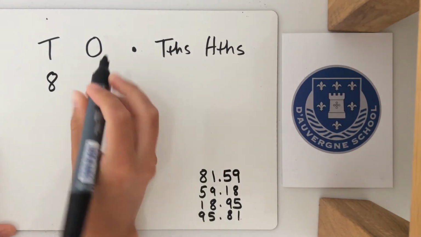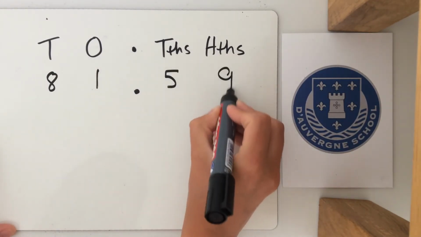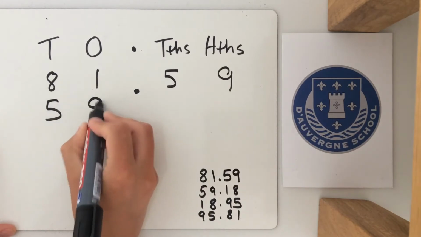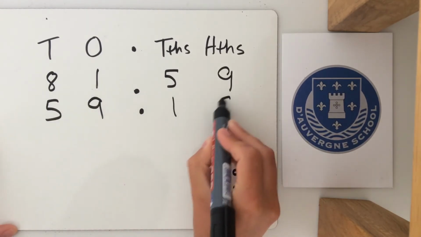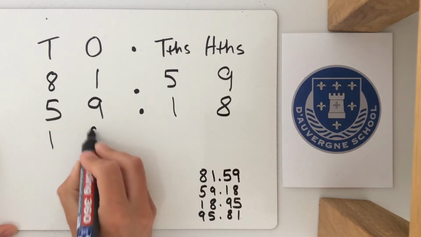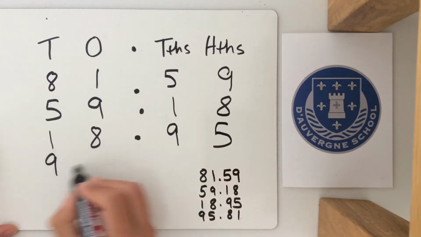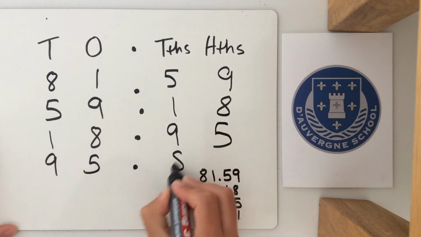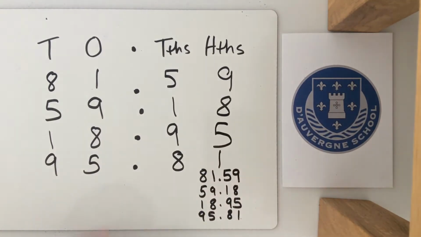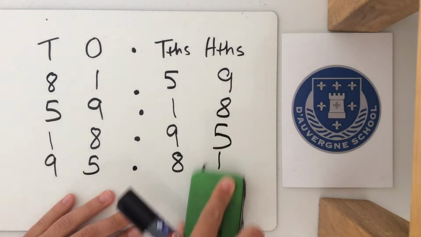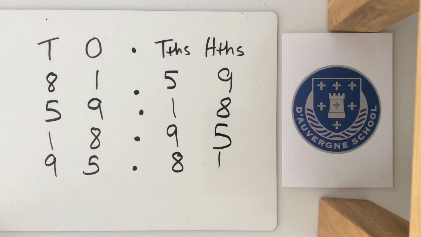So I'm going to write all of these back on. You should do the same for your numbers. Okay, and then I can rub these off down here. So I've popped them all on my place value grid.